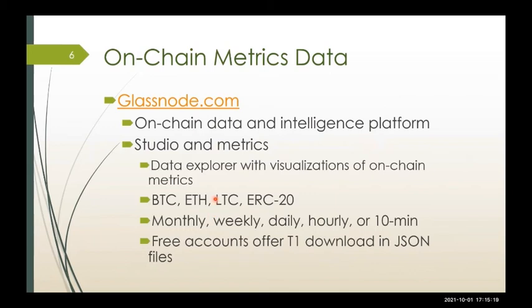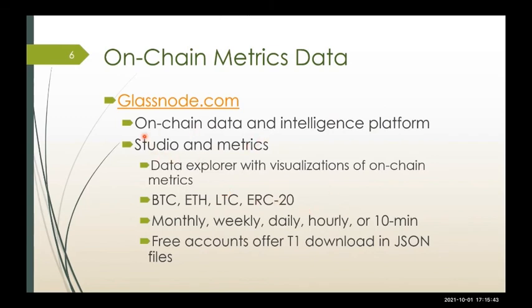They developed on-chain data not only for Bitcoin, but also for Ethereum, Litecoin, and the ERC20 tokens, which are Ethereum-based tokens that follow the ERC20 standard. So there are probably dozens, if not 100, different tokens with on-chain data, right?